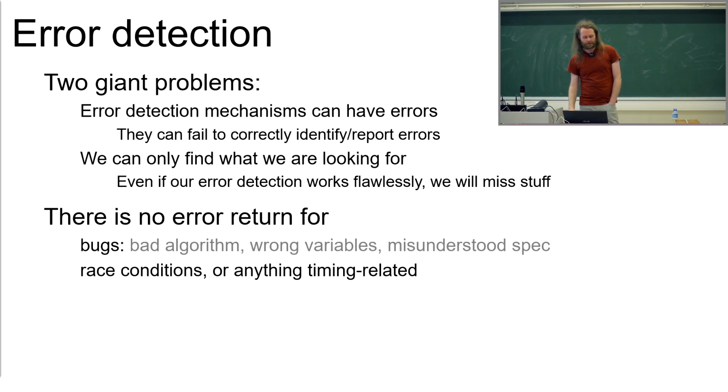Then we have anything that's timing related. There is no error return for, oh, the order of operations was accidentally the wrong way around this time, because that's just random. Because it has to do with the random ordering of things and the random timings and so on, it's not going to appear very often.